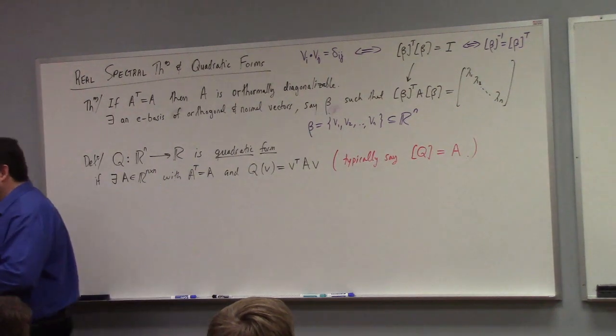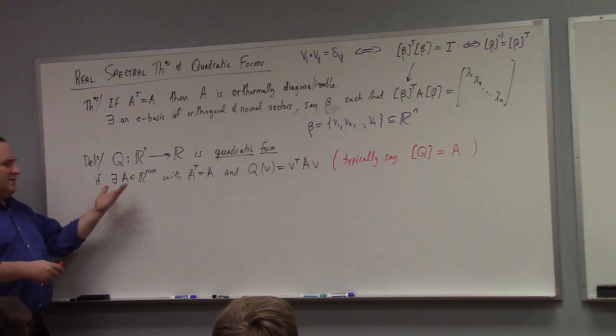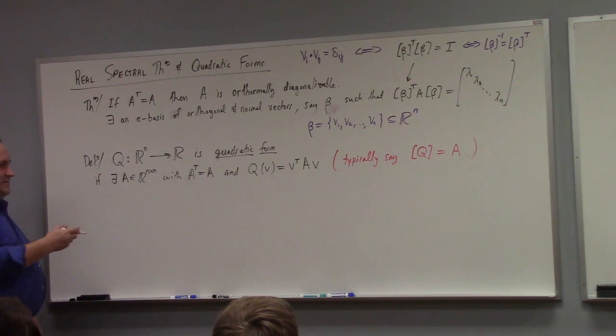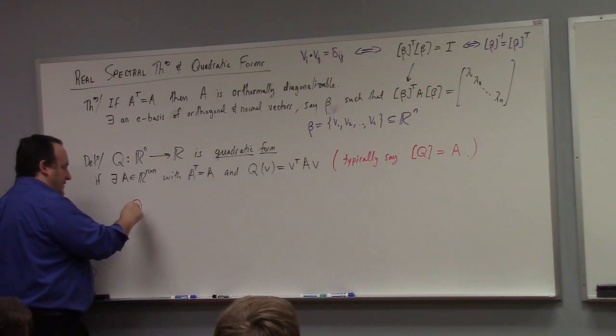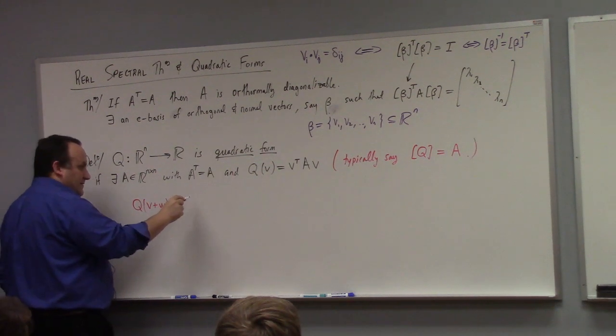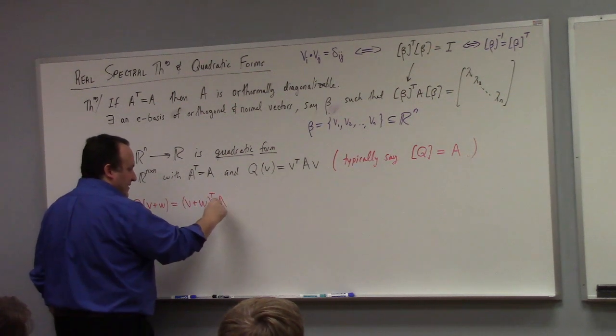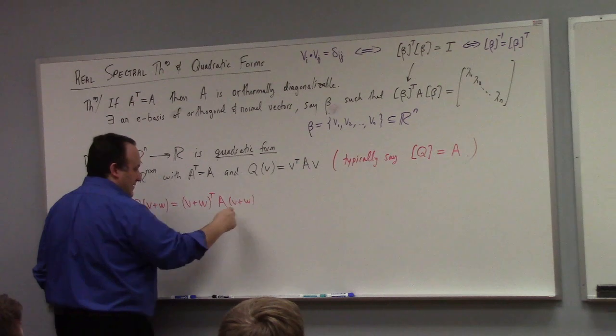There shouldn't really be any danger of confusion here because a quadratic form and a linear transformation are very different things. Do you see the difference between a linear transformation and a quadratic form? Is a quadratic form linear? Check this out. If I have Q of v plus w, what do you get? You get v plus w transpose times its matrix times v plus w, right?